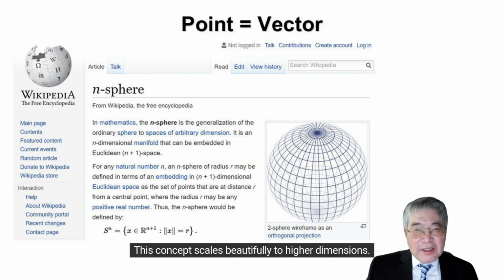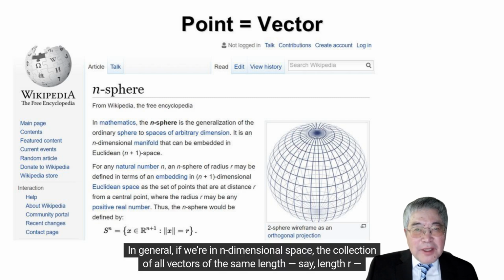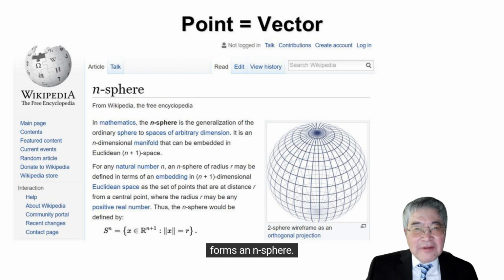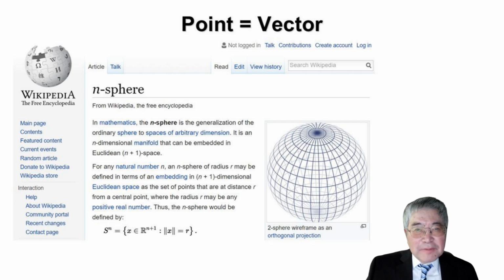This concept scales beautifully to higher dimensions. In general, if we're in n-dimensional space, the collection of all vectors of the same length, say length r, forms an n-sphere. Mathematically, we write this as S^n equals x in R^(n+1) such that ||x|| equals r.